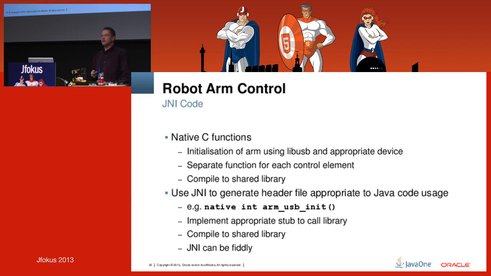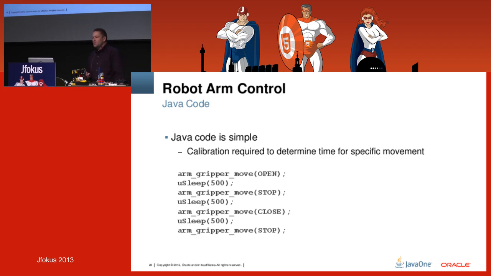So it's fairly nice, a little bit fiddly with reusing JNI, but you can work around that. From a Java coding point of view, it becomes very simple. You simply say, okay, I want to move this part of the arm, which direction you want it to move, and then you use sleep to create pauses so that it moves for a particular distance or a particular time.